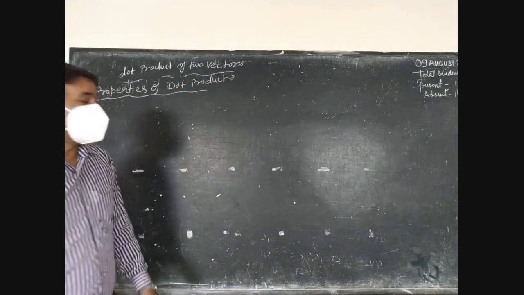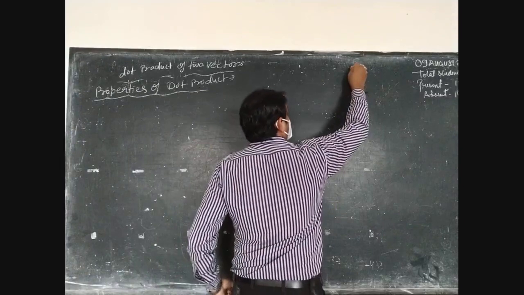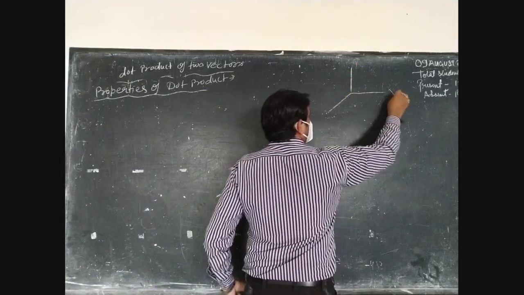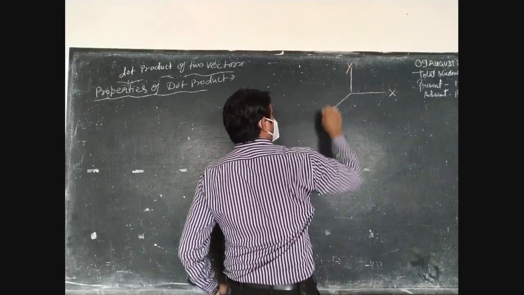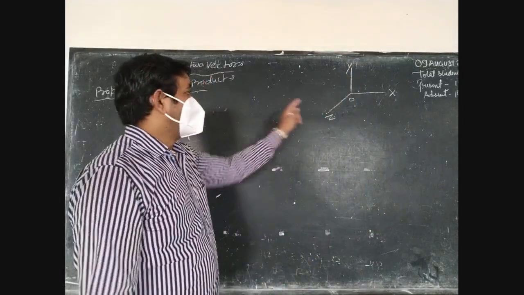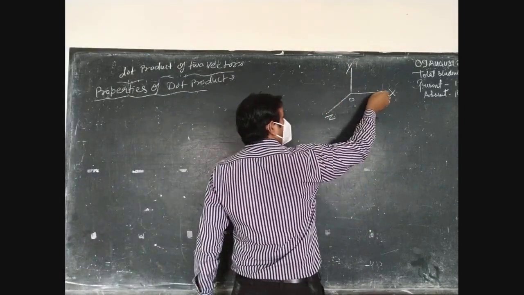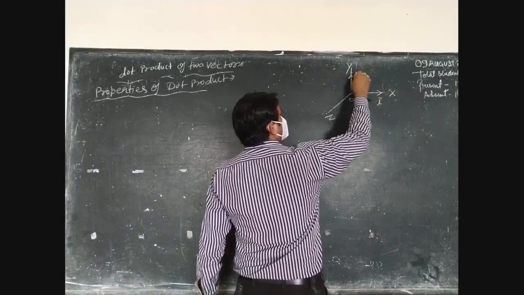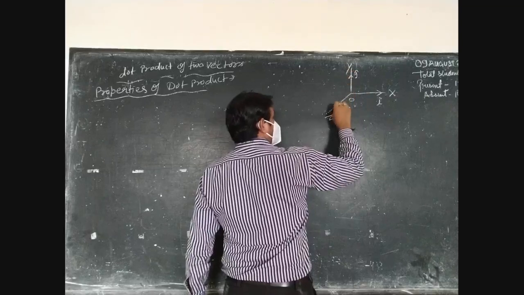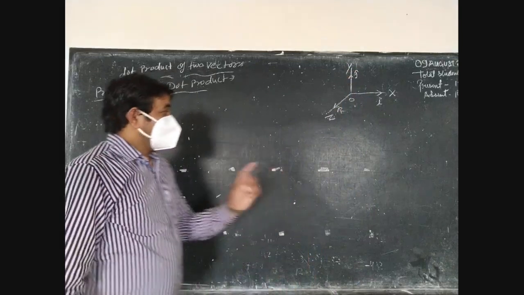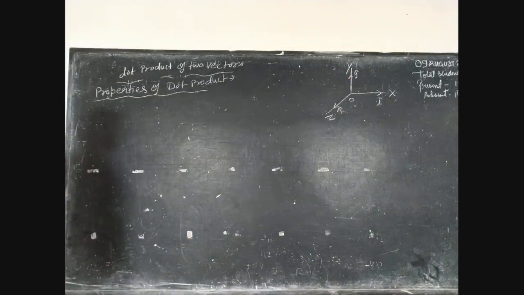Okay, first, if we have the three Cartesian axes, x-axis, y-axis and z-axis acting perpendicular to each other, and i cap is the direction vector along x-axis, j cap is the direction vector along y-axis, and k cap is the direction vector along z-axis.